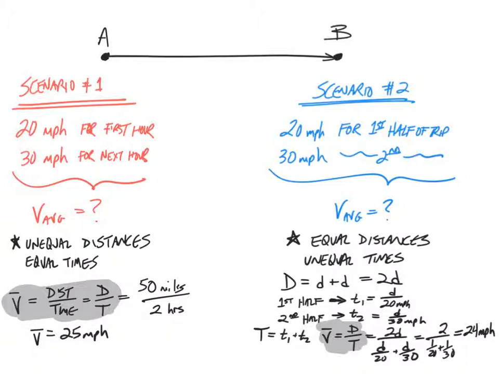Now, what this boils down to is a harmonic mean is what we just did in that second scenario. Or it's almost the same as a harmonic mean. A harmonic mean, or average, is defined this way.